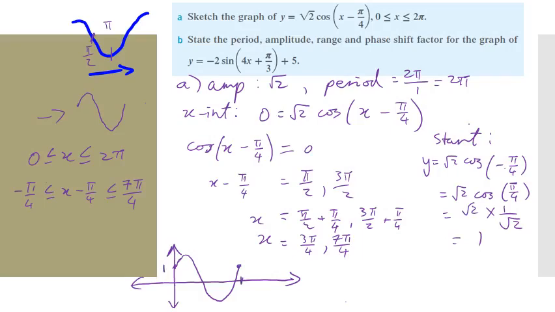What's its final value? 2 pi, and we've already worked out the x-intercepts. Okay. I'll do part B in 1 second.